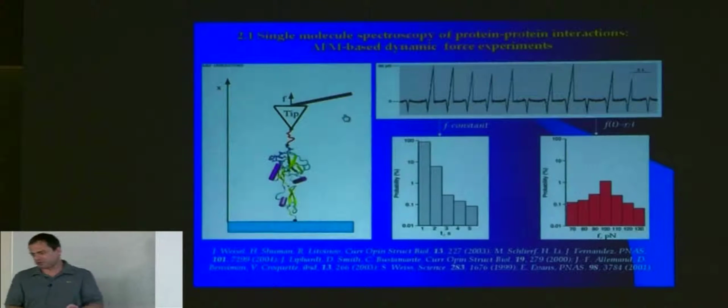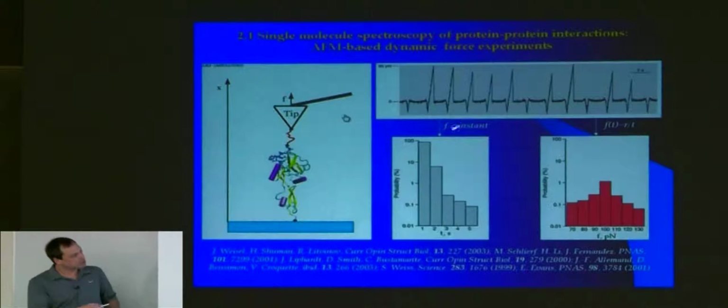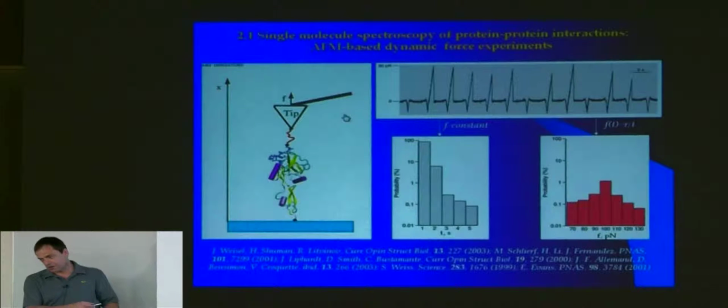There are two types of experiments. If you're doing a constant perturbation experiment, then you're analyzing lifetimes. If you're doing time-dependent perturbation, with time-dependent force, then you look at the rupture forces. They are somewhat related, but it's the same as saying non-equilibrium statistical mechanics: this is non-equilibrium, and this is a near-equilibrium kind of experiment.